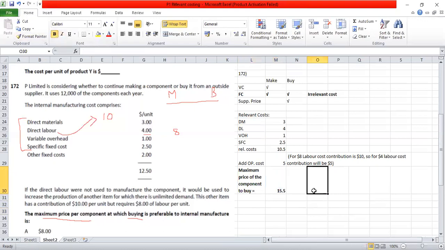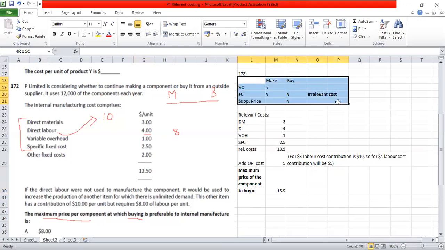Once again, I hope you got it. Big concept, and in one go I have explained. If the decision is between making the component or buying the component, this is the decision criteria. This is how we go ahead. But here it is not only this part of it. They are also talking about there is an opportunity cost which is present.